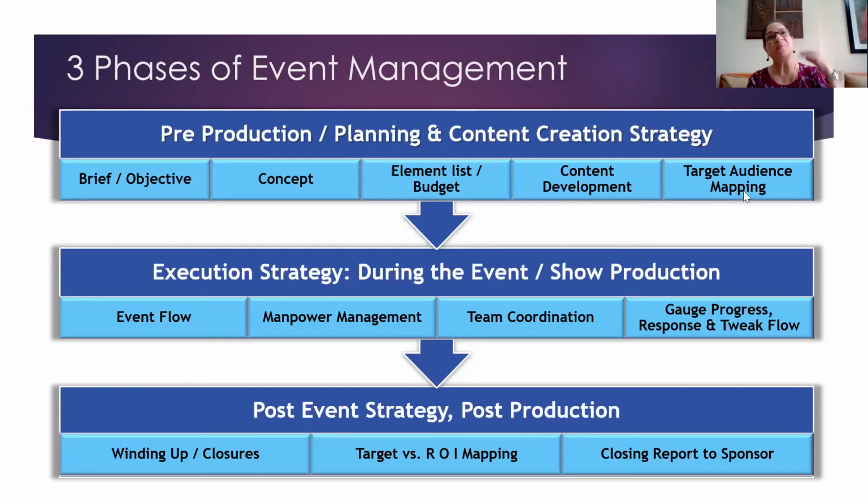let's go with the example of the Sangeet only. So what will the event flow be? Again, it's an Excel sheet where you start putting down 7 p.m., guests arrive, ushers put them in there, have them seated in their places, starters start flowing, ambient music is on, and 8 o'clock sharp, you start the Sangeet.